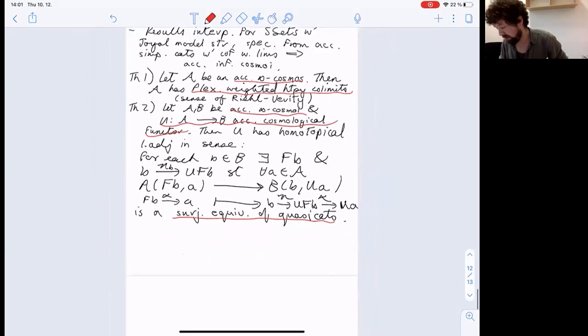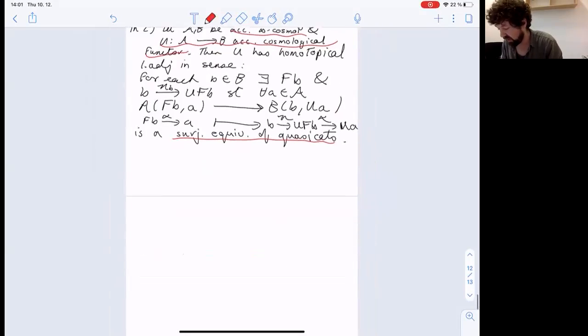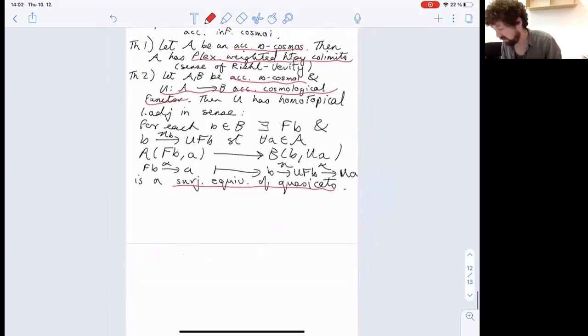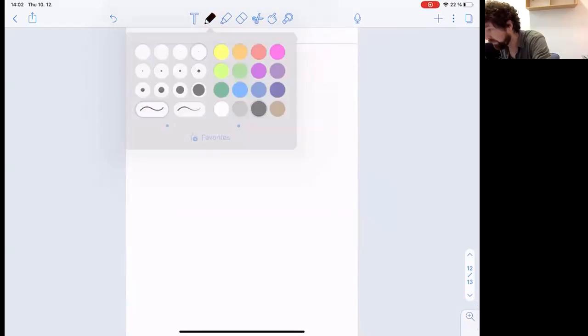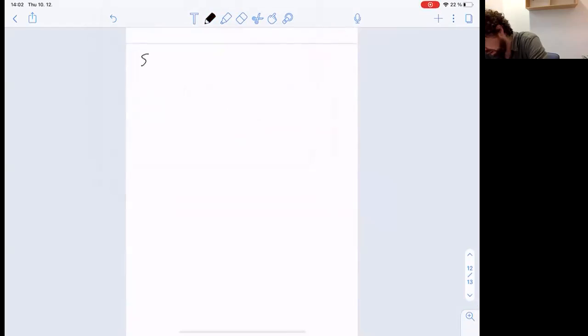So maybe I'll just summarize. I'm not too far over time. To summarize, I introduced accessible infinity cosmoi.